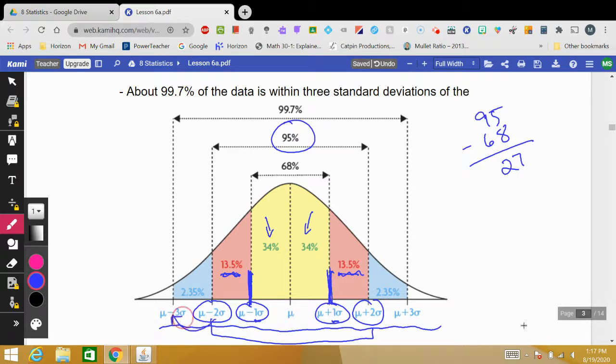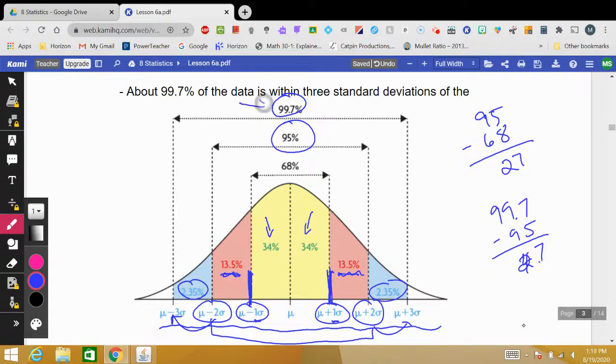If you go 3 jumps, 99.7%. So again, if you do the same idea, 99.7 minus 95, you get 4.7, and then divide it in half, you get 2.35.